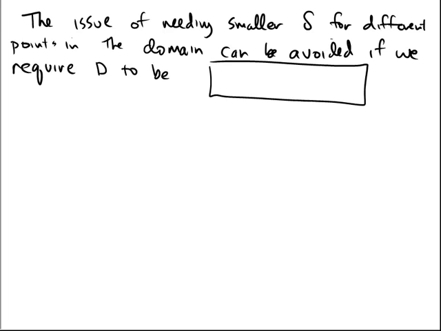So this can actually be avoided if we require the domain on which this is defined to be compact. We keep coming back to this compactness idea. The compactness is really, really beautiful in calculus. Remember, that's closed and bounded sets in R, in the reals, by the Heine-Borel theorem. So in fact, this leads us to a claim.